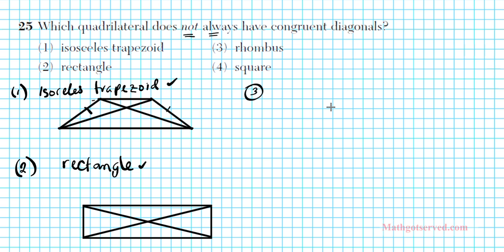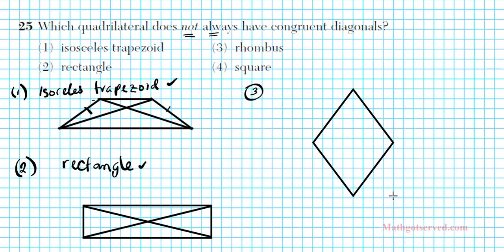All right, so I'm going to draw a rhombus for you, and then we can do some inspection here. So guess what? This is a rhombus, and that's a rhombus. If I remember that a square is a special case of a rhombus, right? If you had a square, the diagonals will be congruent. But what if we have something like this. What do you see happening? One of the diagonals is getting shorter and shorter, the other one is getting longer and longer.